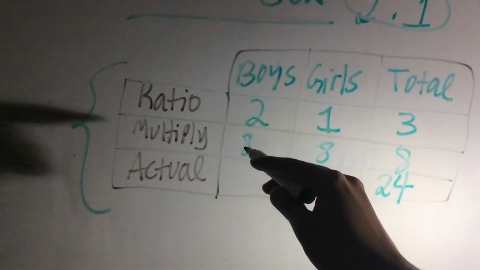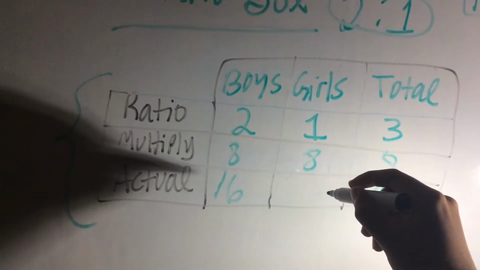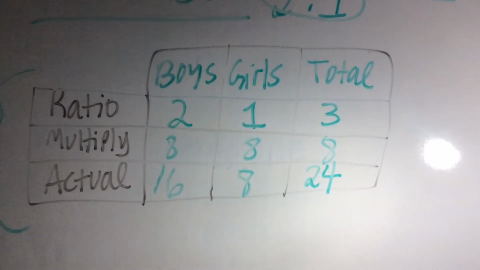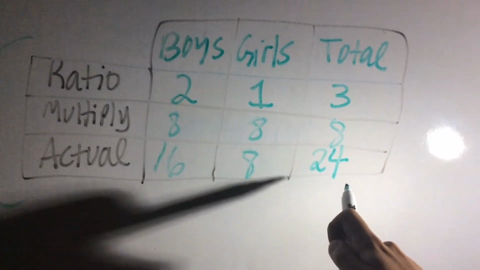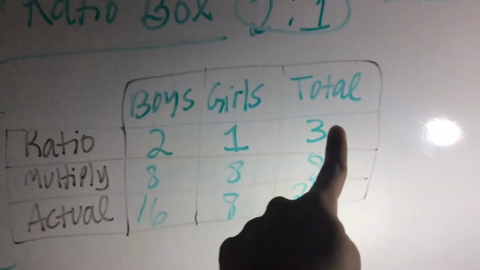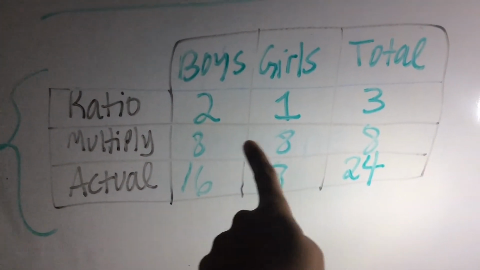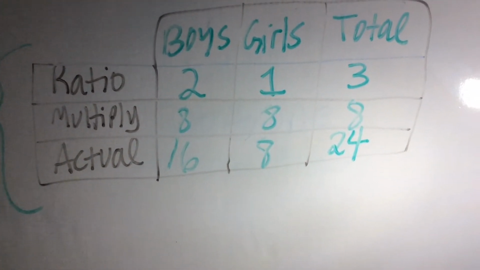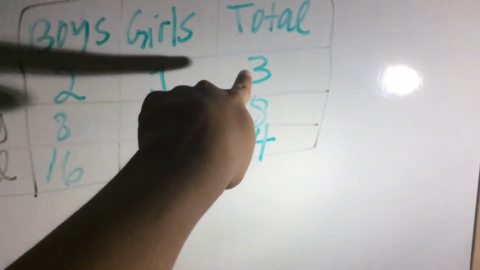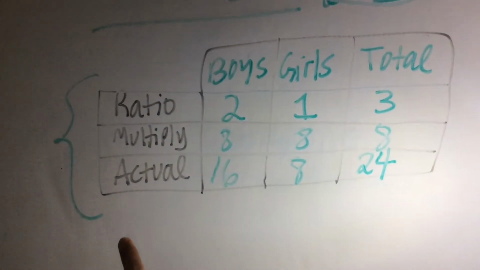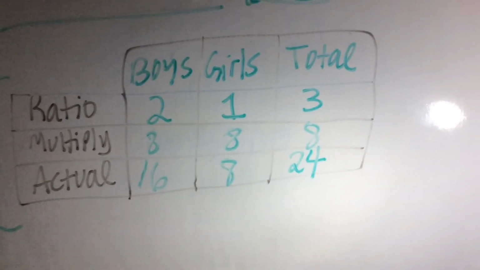You must multiply 8 times 2, which is equal to 16, and 8 times 1, which is equal to 8, of course. Now you can sum 16 and 8. Is that equal to 24? The answer is simple: yes. Is 2 plus 1 equal to 3? Yes. And this is the only column where the number is going to be the same, because of the rule. And here you need to multiply this one by this one to get the total in the actual row, that intersection.